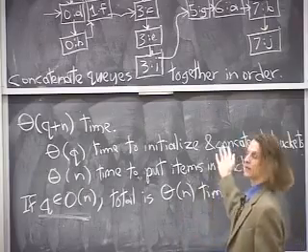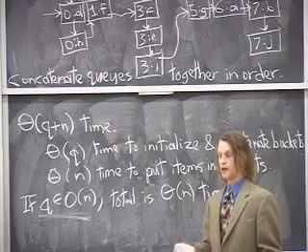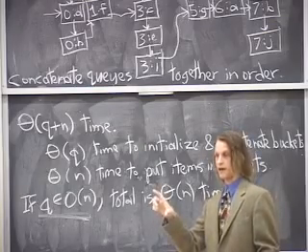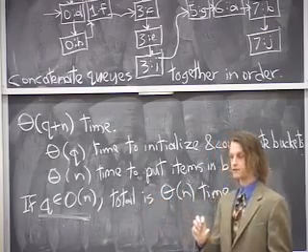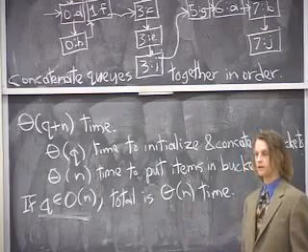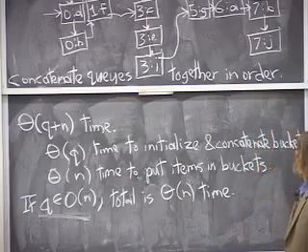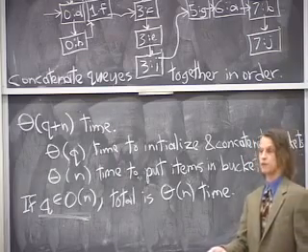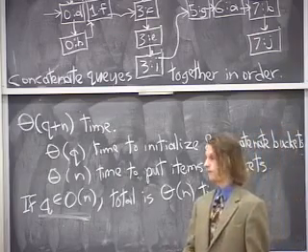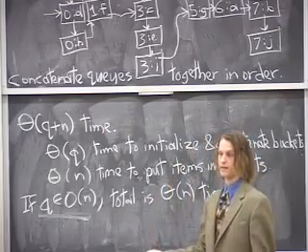And if I hit an empty bucket, I just don't do anything. I skip over that bucket and I go on to the next bucket. And when I hit a bucket that's not empty, I take that queue and I concatenate it to the end of the queue so far. Well, no, because I still have to check each bucket to see if it's empty. So even if all the buckets were empty, it would take q time just to check that that's the case.